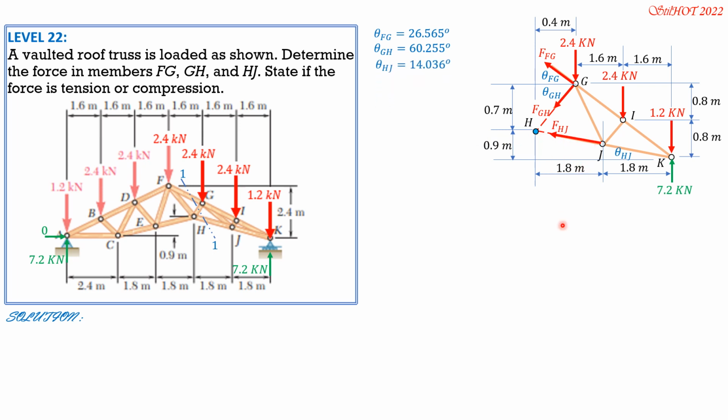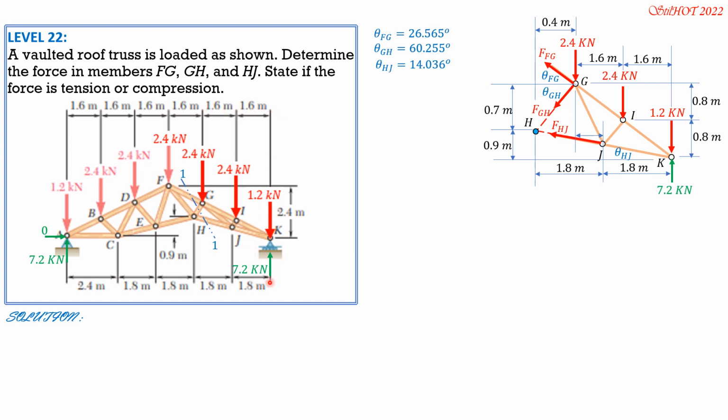It's the same. So theta HJ using your calculator is 14.036 degrees. There's no need to show the calculations here. Then the horizontal distance between G and J is 3.2.